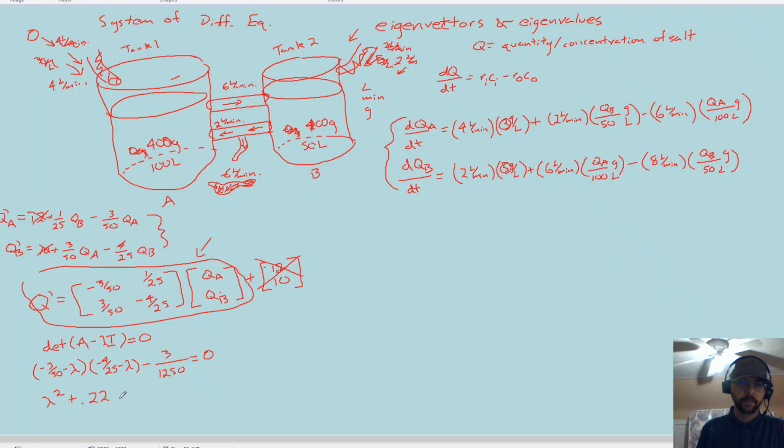So it's positive plus 0.0072 equals 0. And obviously I don't know how to factor that, so I'm going to have to use the quadratic formula.